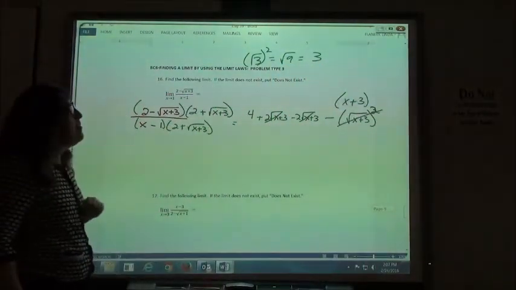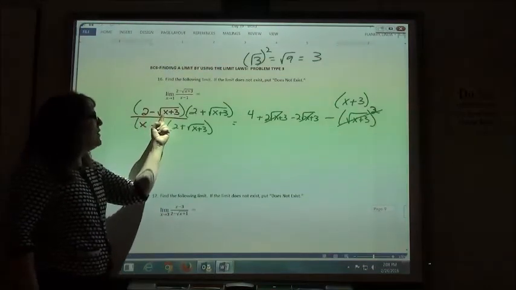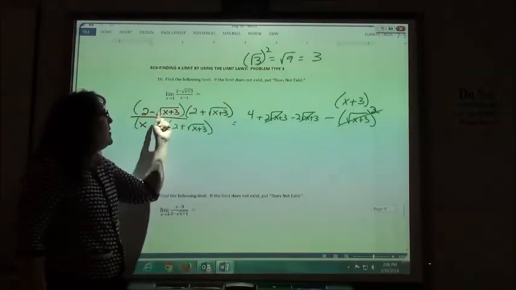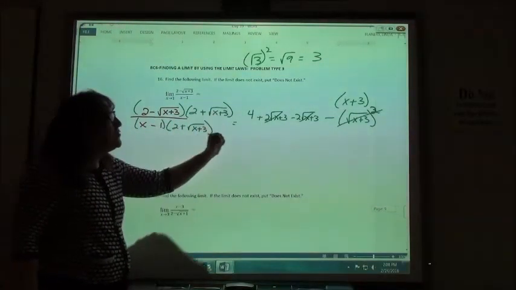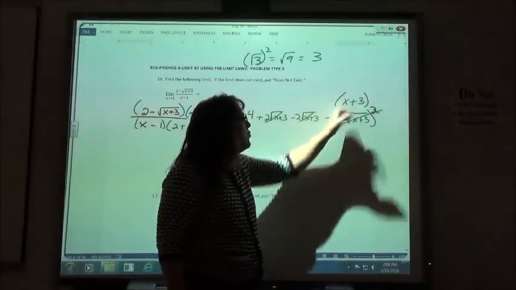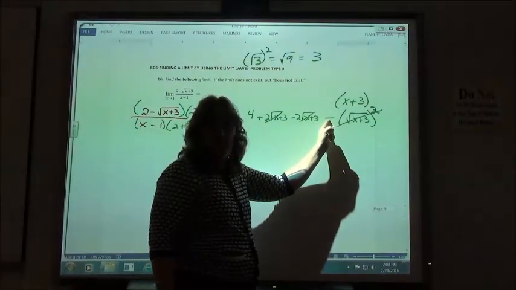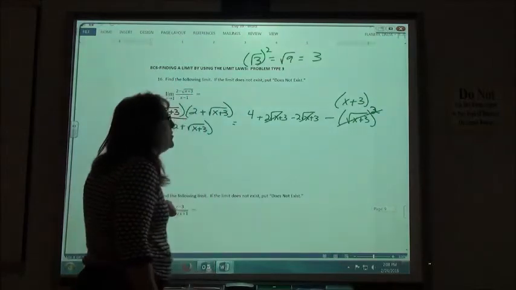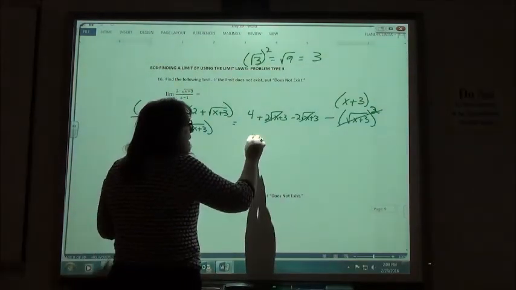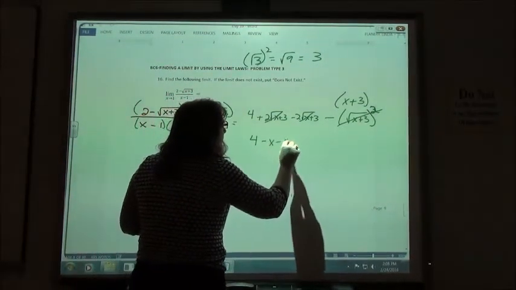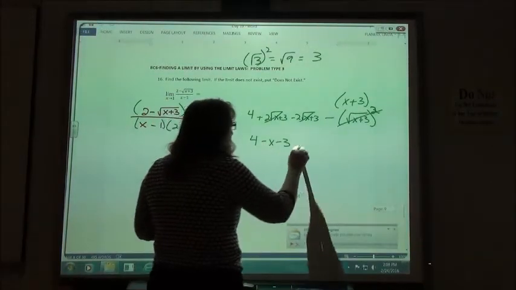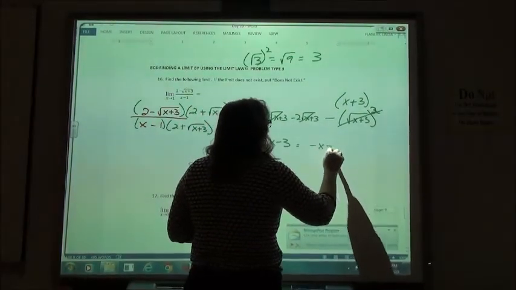You just get the same thing underneath. So if I take one square root times itself, squaring the square root cancels that out. You just get the x plus 3. I do need the parentheses because there's a minus sign in front of that, and I have to use my distributive property. So I'm going to get 4 minus x minus 3, which gives me negative x plus 1 on top.